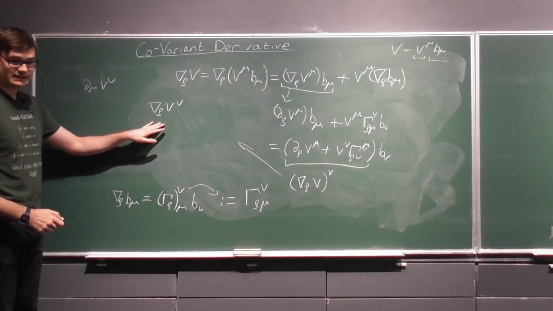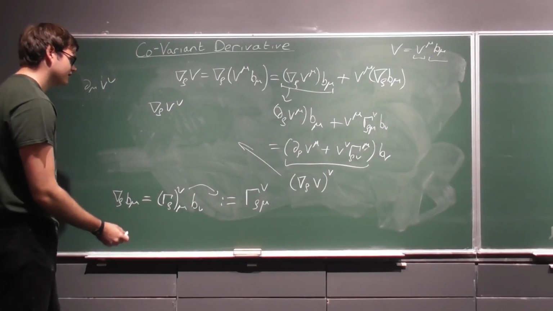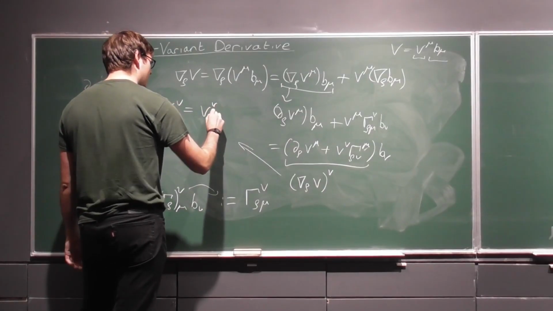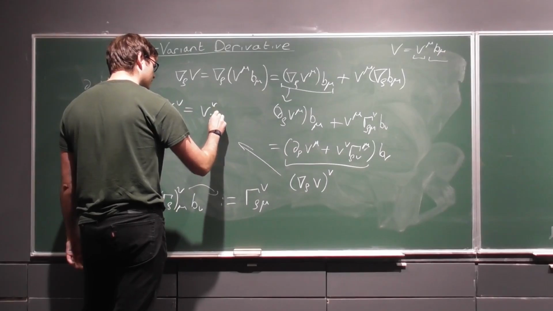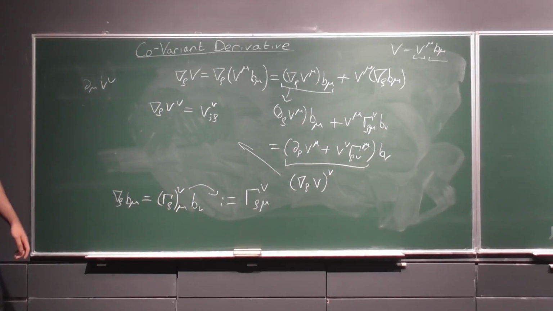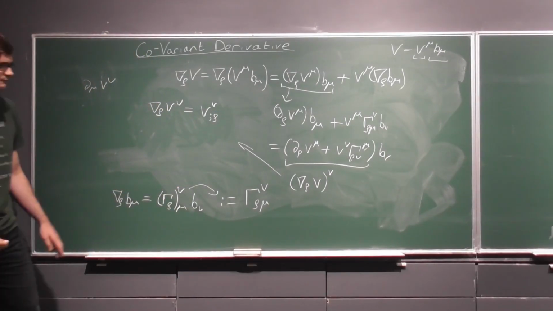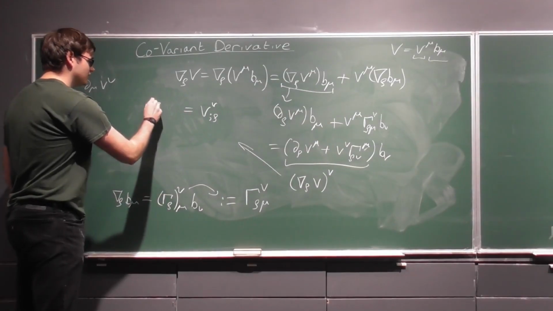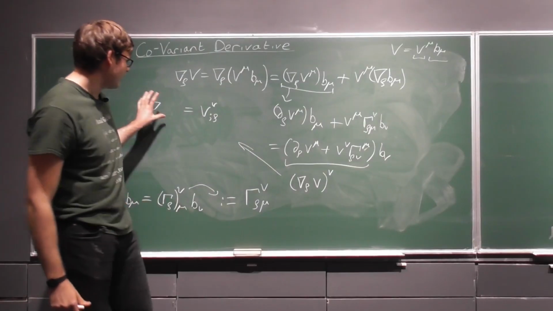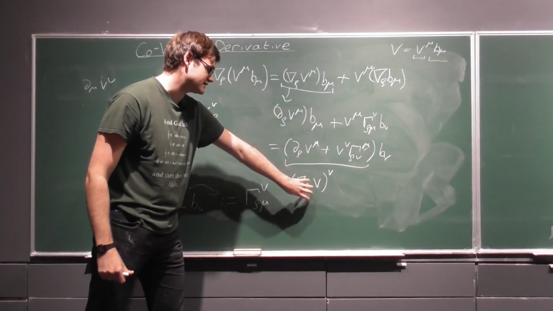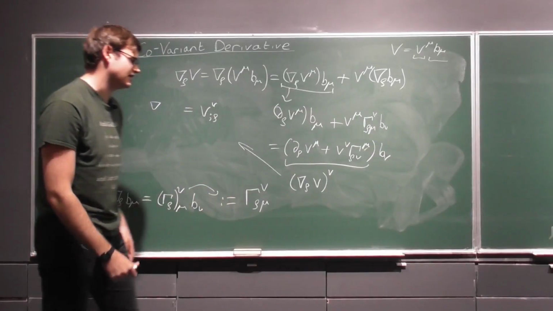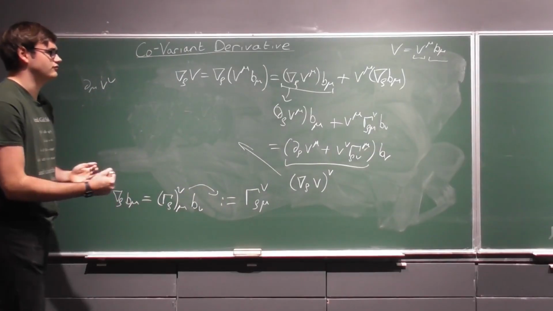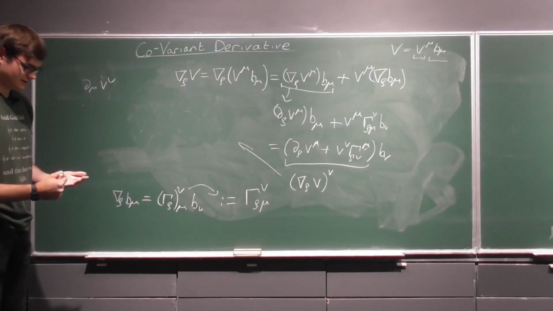So many people actually ignore this altogether, and they'll write this as v^ν, and then they'll write a semicolon with a ρ. Sometimes that's how they like to write it. But for the sake of convenience, I'm also going to use this. Whenever I write this, I really mean it's the components of the derivative of the vector. It's just unfortunate that it all gets confusing like this.